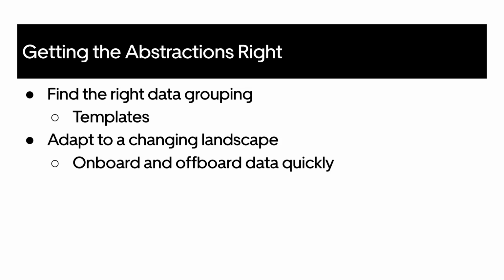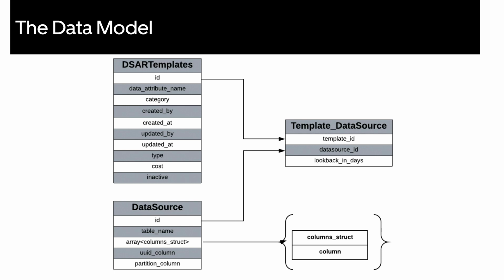Secondly, like I mentioned, we wanted to make sure that our system can onboard and offboard data easily. And here's a proposed data model that would allow us to do that. On the bottom, we have our data source entity, which essentially represents our underlying data and consists of things like the source table name and the required columns. And then on the top, we have our template entity, which essentially is a container for data sources.